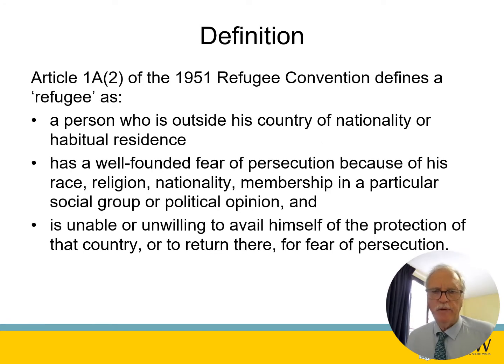The definition of a refugee is a person who lives outside their own country of origin and who has a well-founded fear of persecution and is unable to return for fear of persecution if they return.